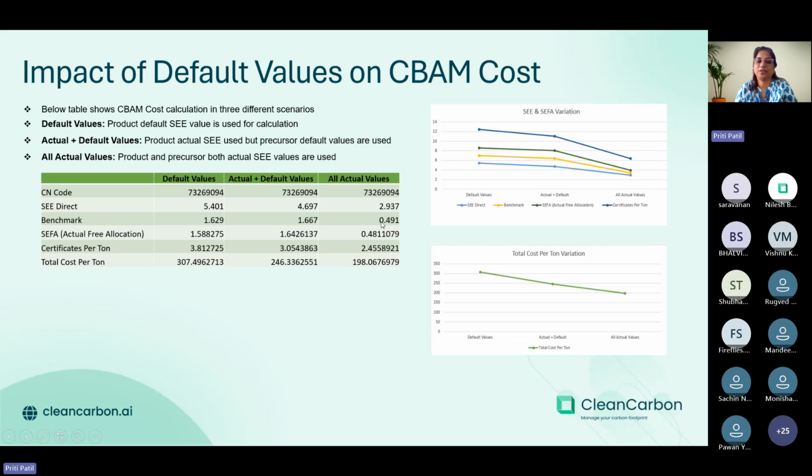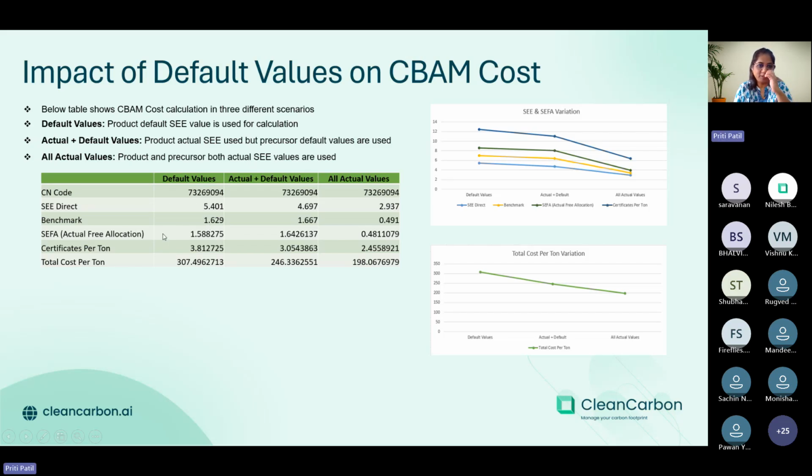For actual, it is just 0.491. Now one will feel, how come having actual is good, but actual's benchmark is less and default's benchmark is higher? But since the default values are so punitive and so high, the benchmarks are set accordingly. But you can see that it doesn't help you. Your actual values still give you the better cost.